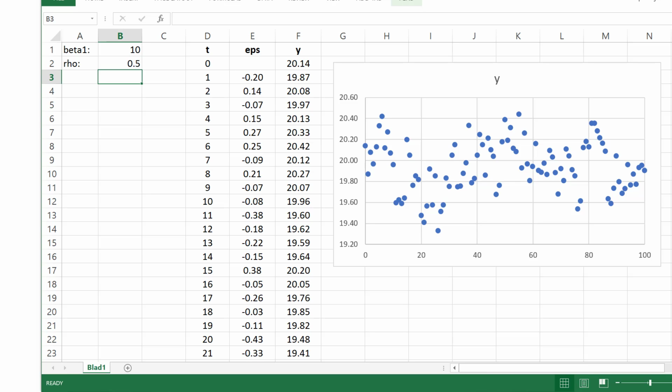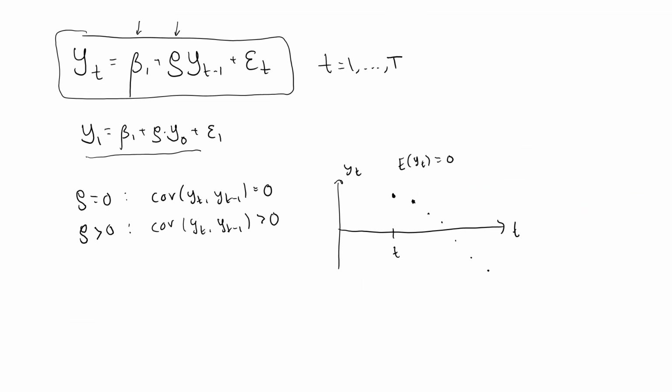The rho variable will also affect this intercept, or the expected value of y. But in general, it's okay to claim that beta 1 has an effect on the level of yt. It will affect the expected value of yt and the intercept of a trend line.